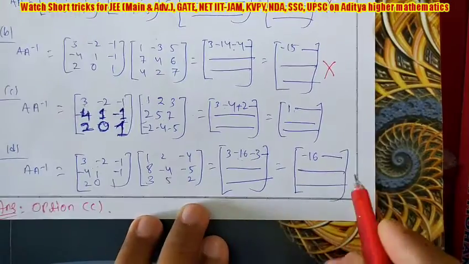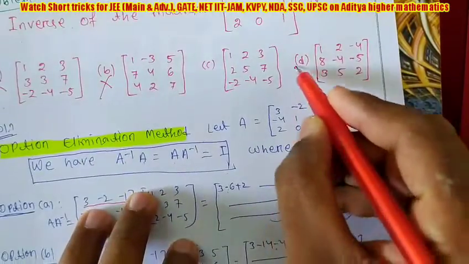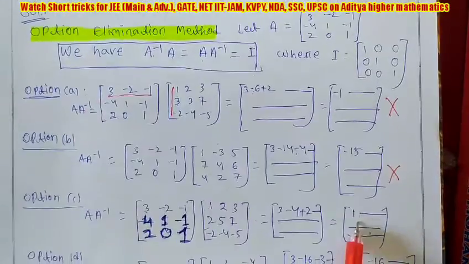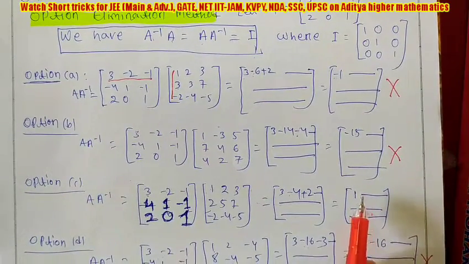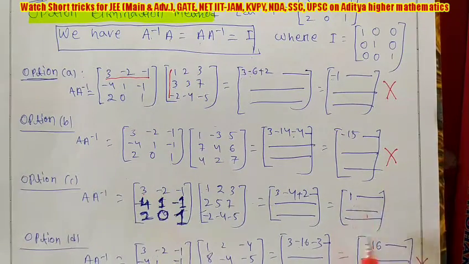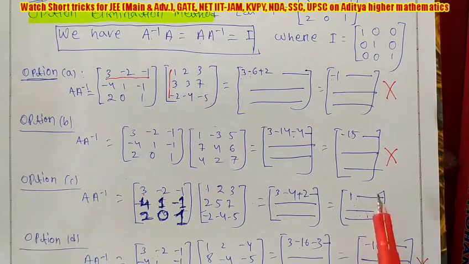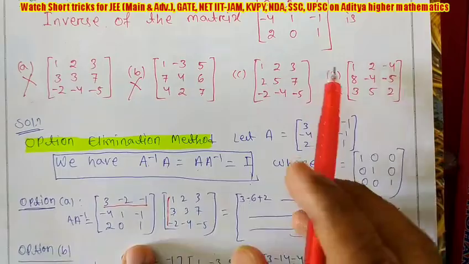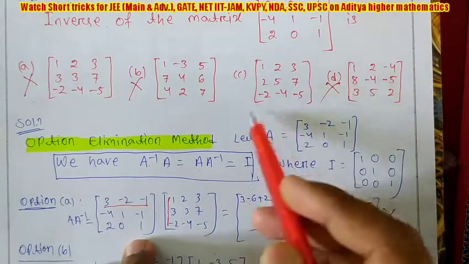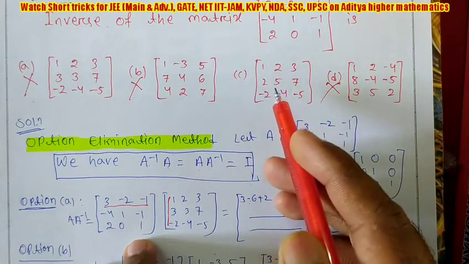But we need 1, so this is also wrong. So I told you that before finding this product, you are getting 1 no doubt, but why would you find the other elements? If option D gives wrong, then no need for this. Since options A, B, D are incorrect, automatically the remaining option we are getting is C.